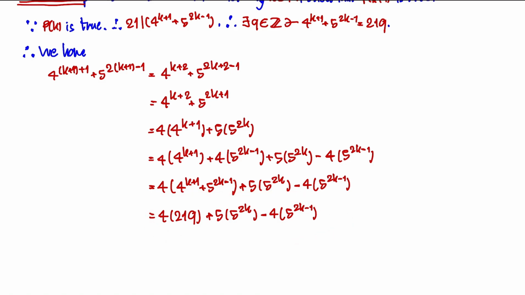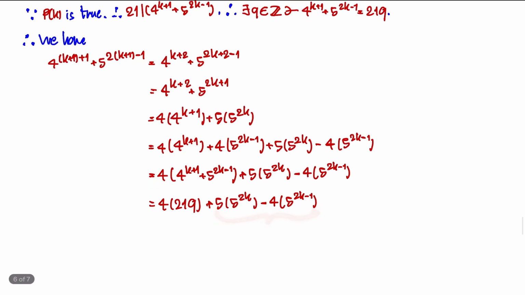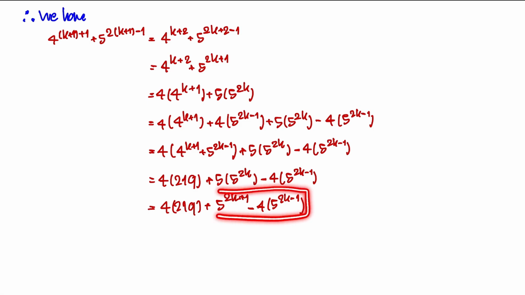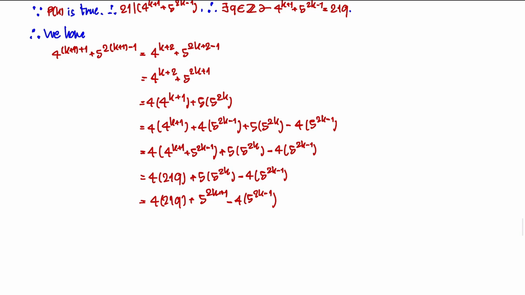That means I have to show that this term right here is divisible by 21. So let's have this one: 4 times 21q plus 5^(2k+1) minus 4 times 5^(2k-1). So I have to show that this term is divisible by 21. So I have to claim that.